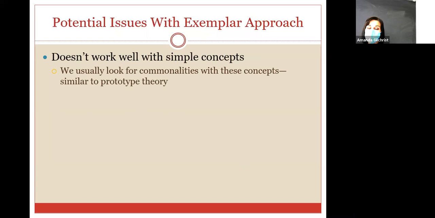Okay, so what are some issues with the exemplar approach? Well, first of all, it doesn't actually work well with simple concepts. So it may not necessarily work. One of the things that we find is the exemplar for even numbers.